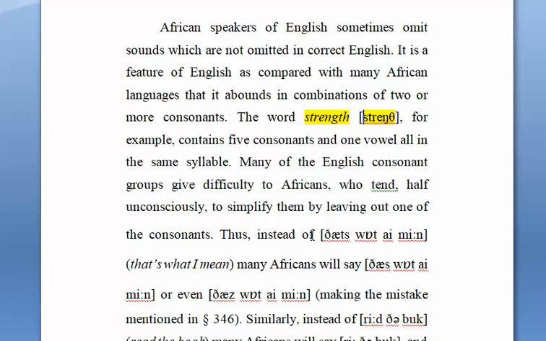Instead of, that's what I mean, you see the phrase in transcription. Instead of saying it like this pronunciation, many Africans will say "that's what I mean" dropping the t sound. You see this?